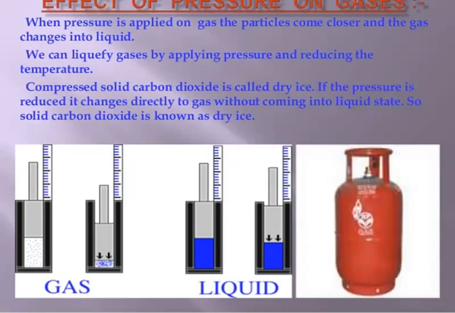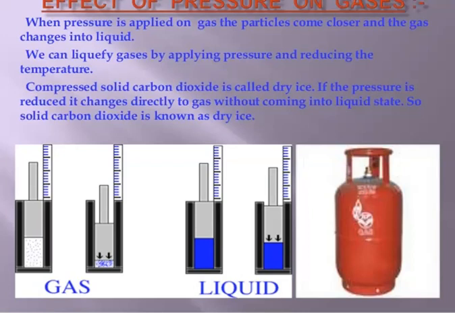The LPG is used as cooking fuel, where the gas is compressed by applying pressure and it converts into liquefied petroleum gas in cylinders.